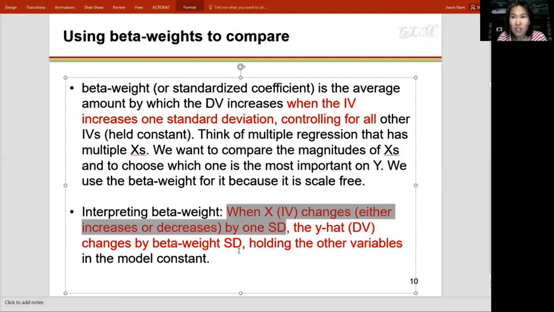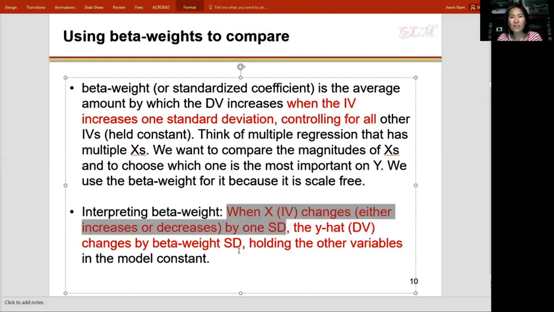But in this slide set, it's the beta weight, B star 1. How can we interpret it? When x changes by 1 standard deviation instead of just 1 unit, y hat changes by the beta weight B1 star standard deviations.